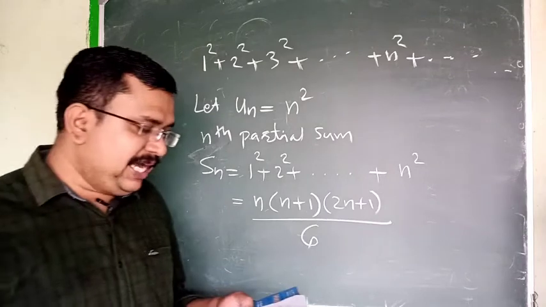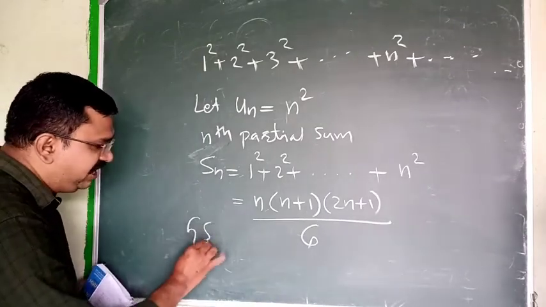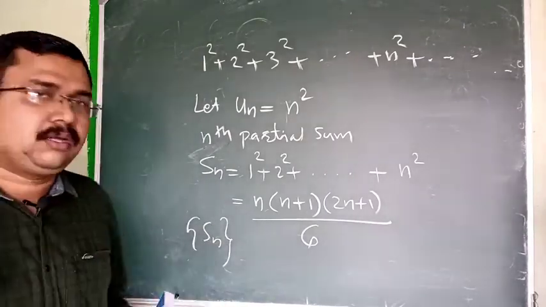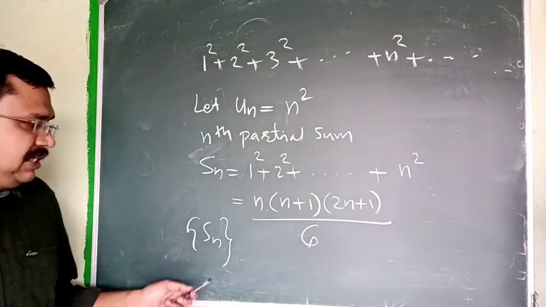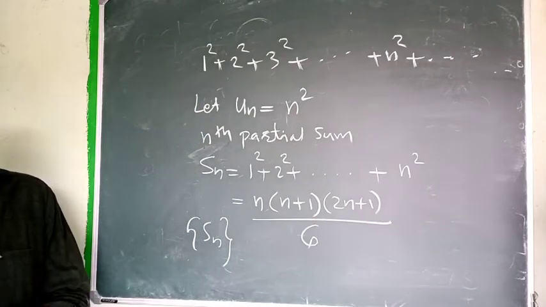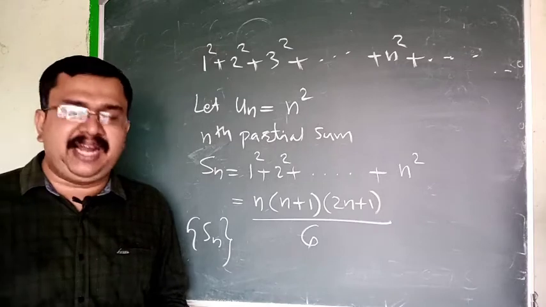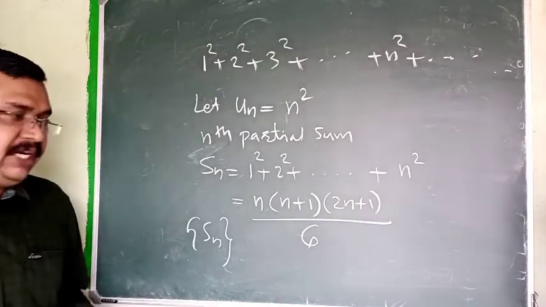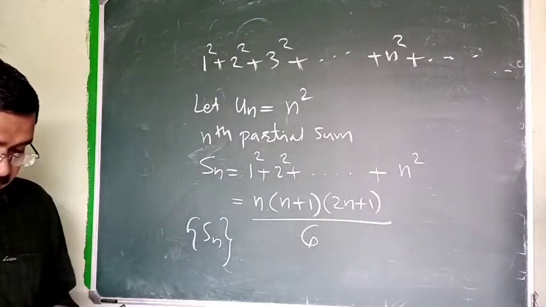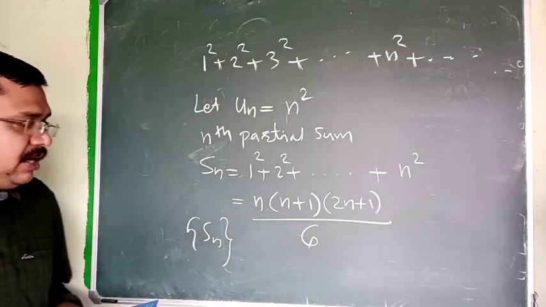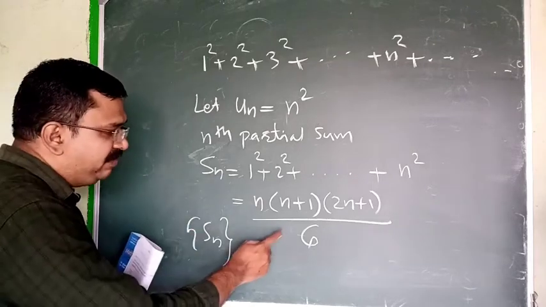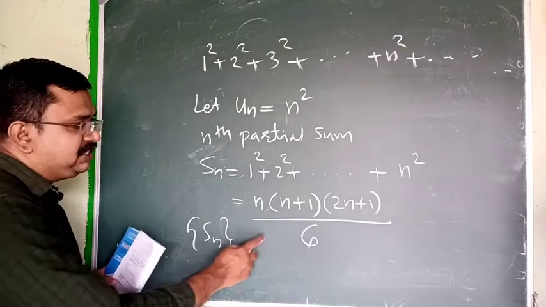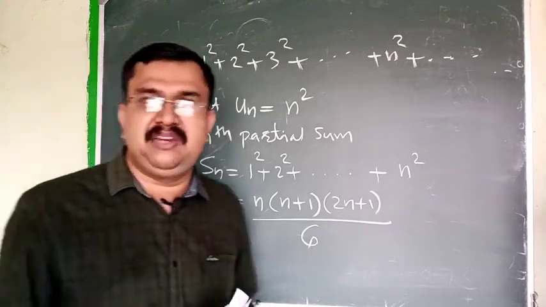Okay. Thus, the sequence of partial sums diverges, and hence the series diverges. Remember that when the limit is applied, we will get that this series diverges to plus infinity.